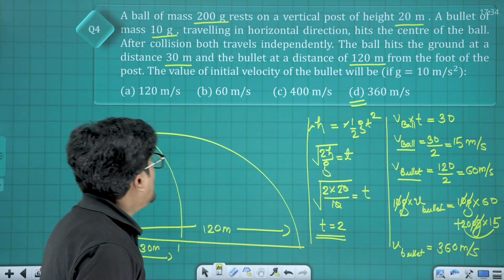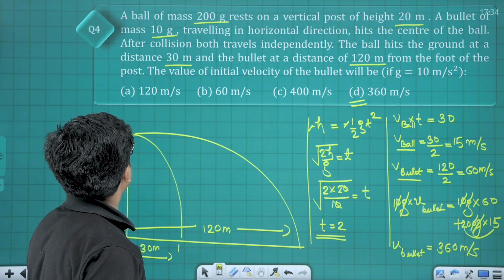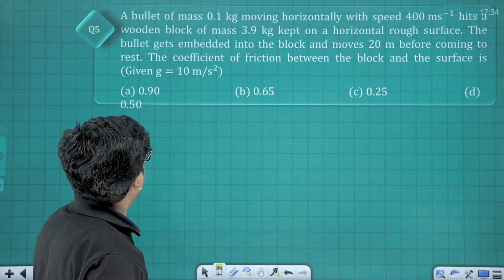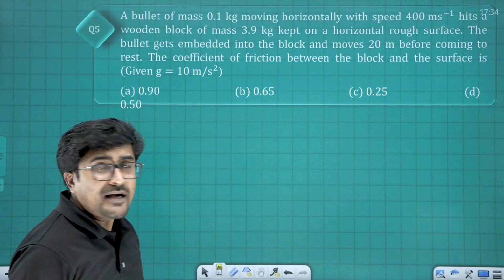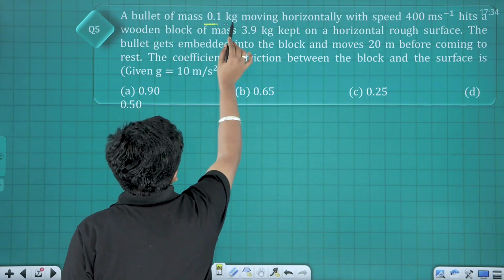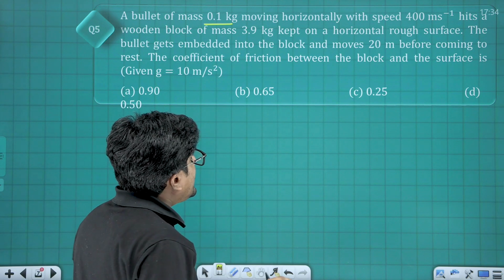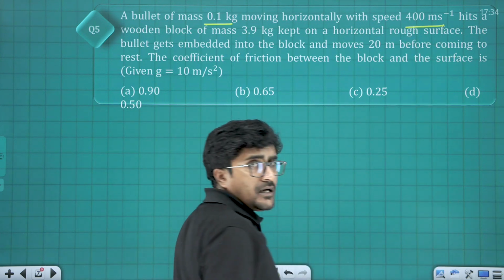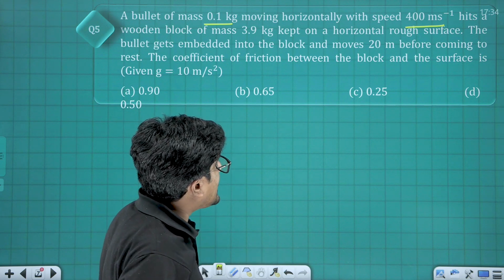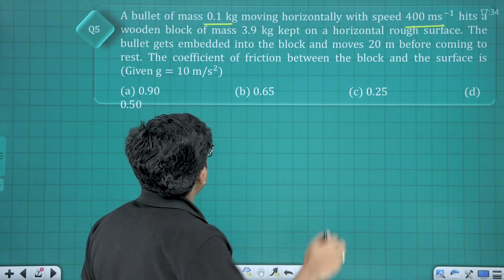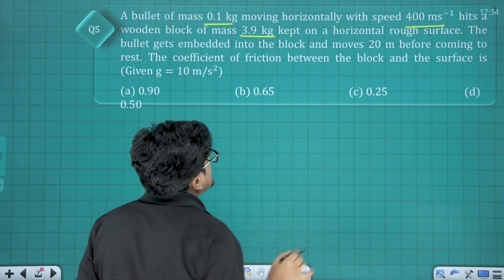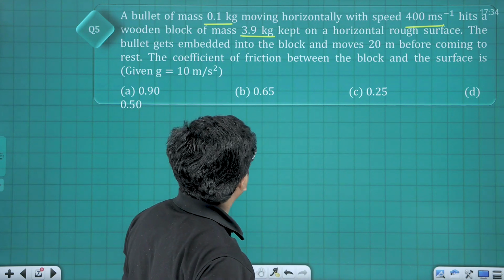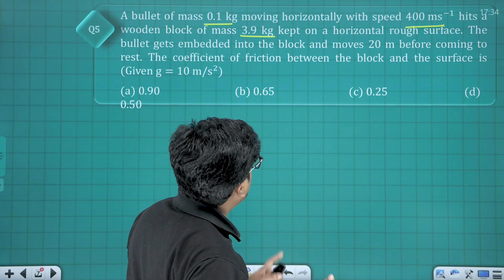Was that okay? Now let me take you to the next, that is question number 5. The question says a bullet of mass 0.1 kg moving horizontally with a speed of 400 meter per second hits a wooden block of mass 3.9 kg kept on a horizontal rough surface.